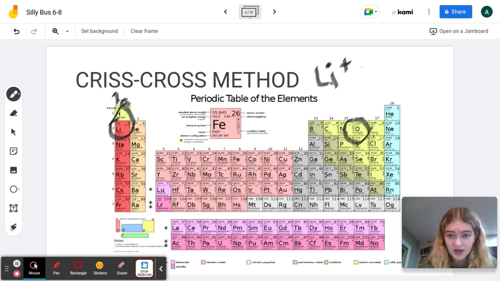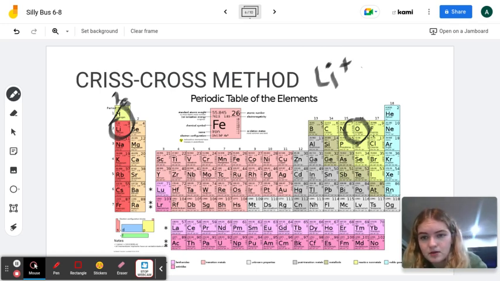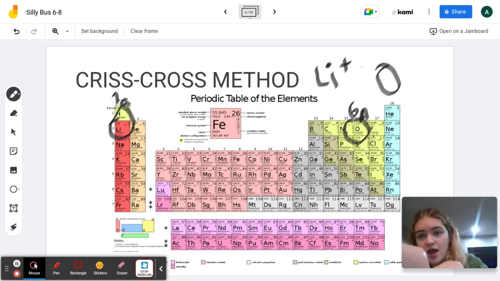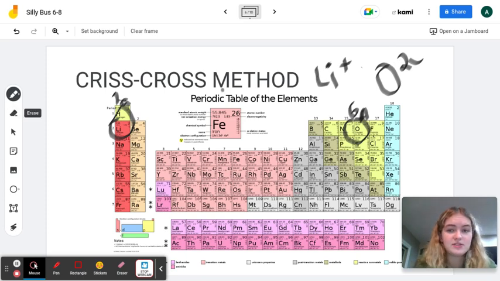Then over here we have oxygen, which is in group 6A. So that means when it forms ionic compounds, it wants to gain 2 electrons for a full valence set. So it would be 2 minus. To crisscross, we would take the 1 over here and put it down here.